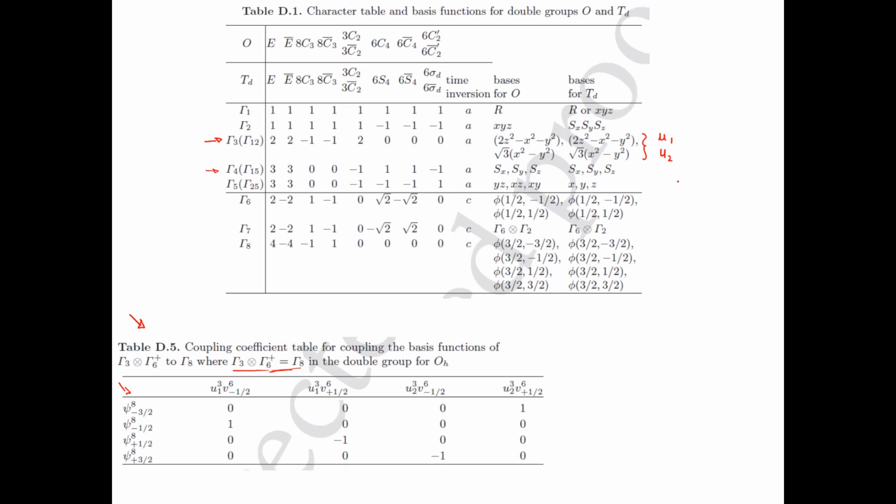Okay, so using this table I can get all the 4 different states of gamma 8 plus or minus, and these are the different combinations of spatial and spin part.